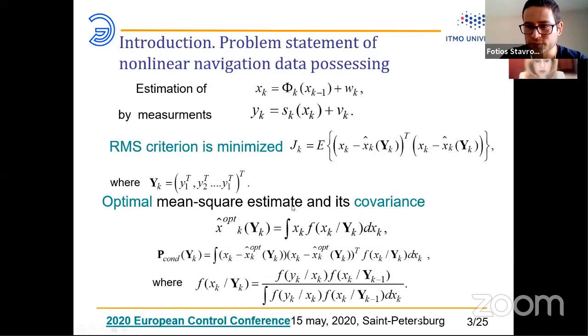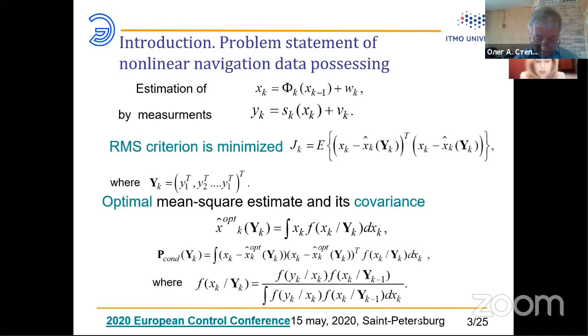It is well known that the optimal in-mean square sense estimate of X and the corresponding covariance matrix are defined in the following formulas, where f(x|Y) is a posteriori probability density function that can be calculated by following a recursive relation. However, the calculation of such conditional expectation is a challenge from the computational viewpoint, and usually couldn't be realized in a real-time mode, which is important for navigation data processing.